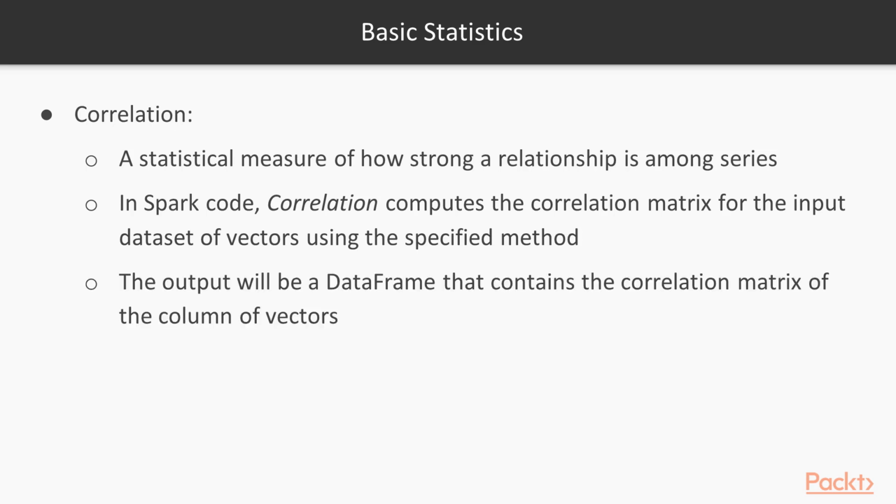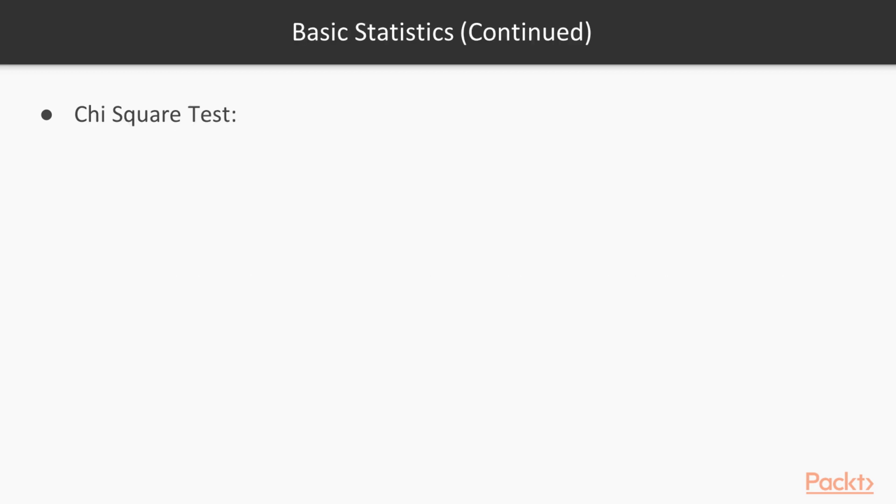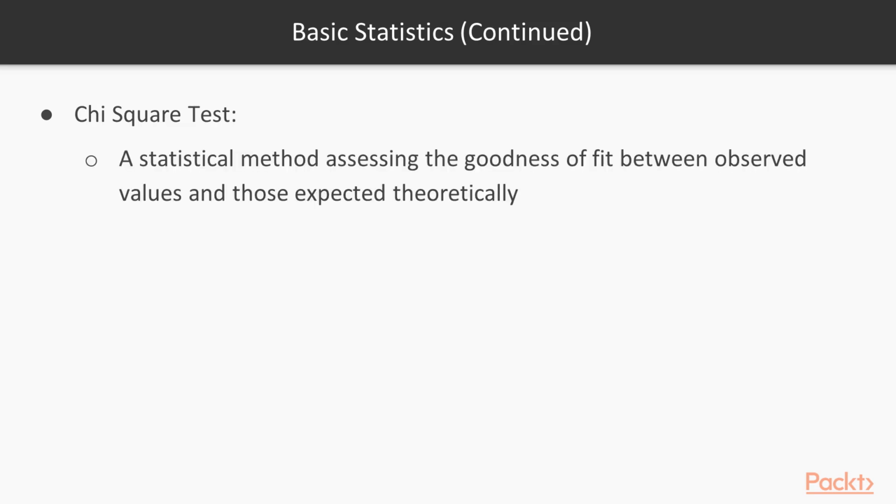And be aware that the output will be a data frame that contains the correlation matrix of the column of vectors. The second item of basic statistics that we'll look at is hypothesis testing, specifically the chi-square test. This is a measure of goodness of fit between the observed values and the expected values.